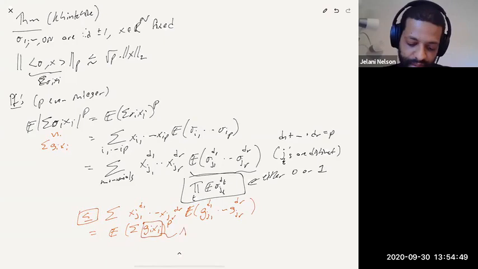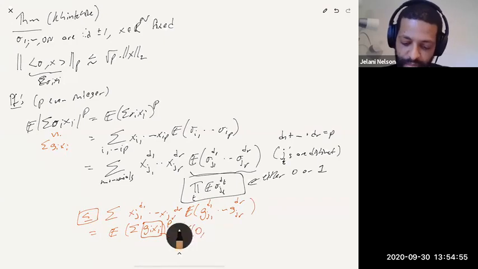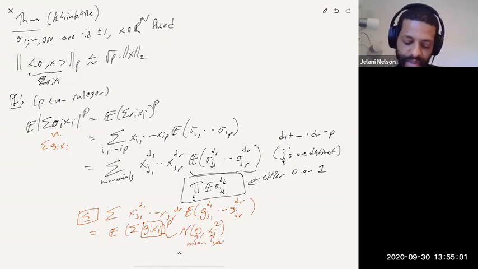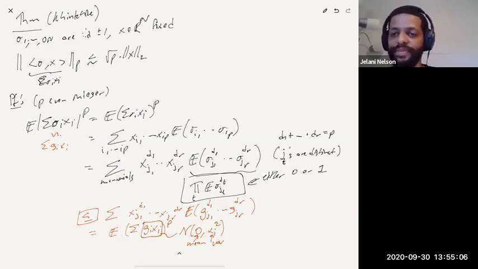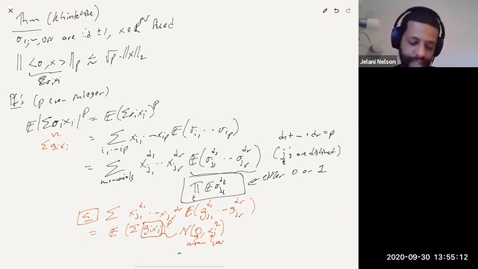It's a normal random variable with mean 0 and variance x_i squared. So you're summing up capital N Gaussians whose variances are each x_i squared. So when you do that, you get back a Gaussian whose variance is the sum of the variances.